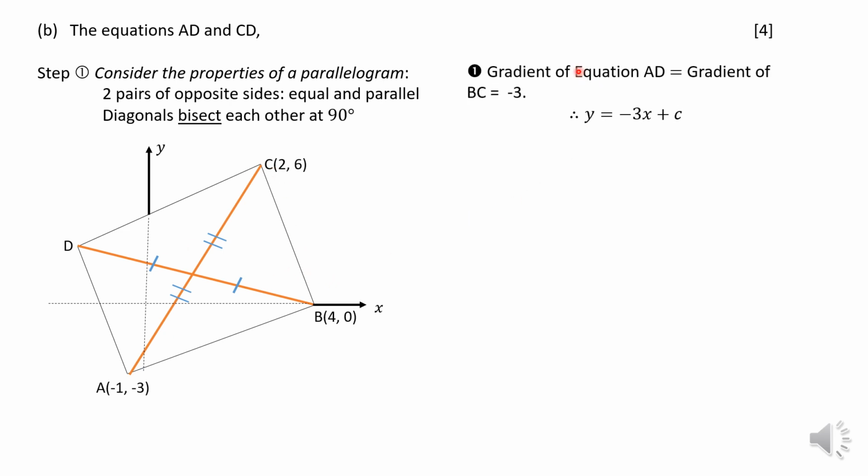So this is what I did. I said the equation of AD, which is this one here, should equal the gradient of BC. The gradient of BC we calculated as -3. And I start to already write my equation.